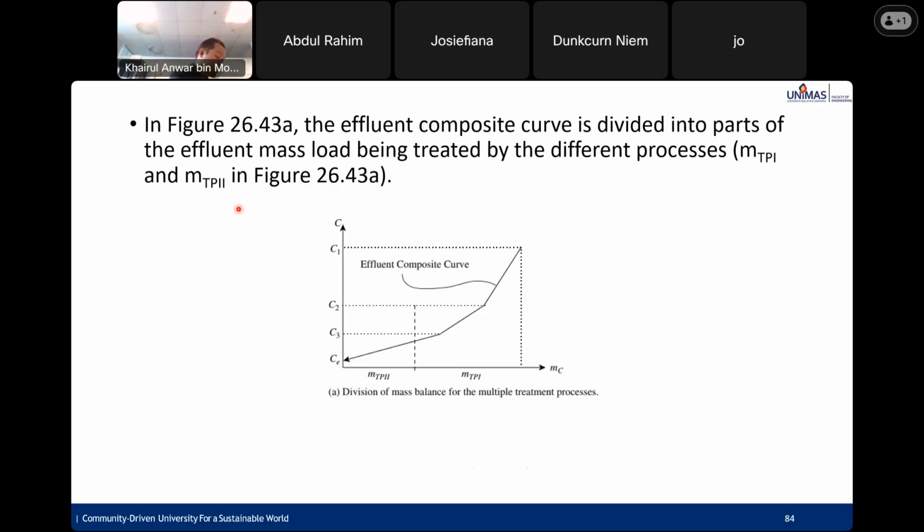In the first figure, A, the effluent composite curve is divided into parts of the effluent mass load being treated by the different processes, MTP1 and MTP2, so TP refers to treatment process. This is for multiple treatment process.